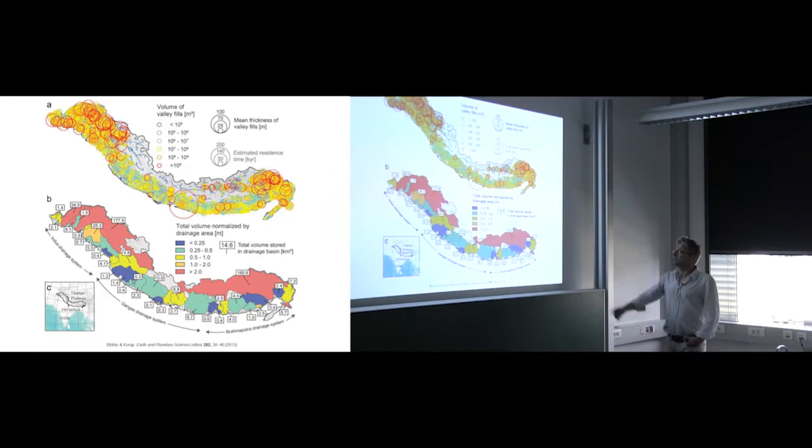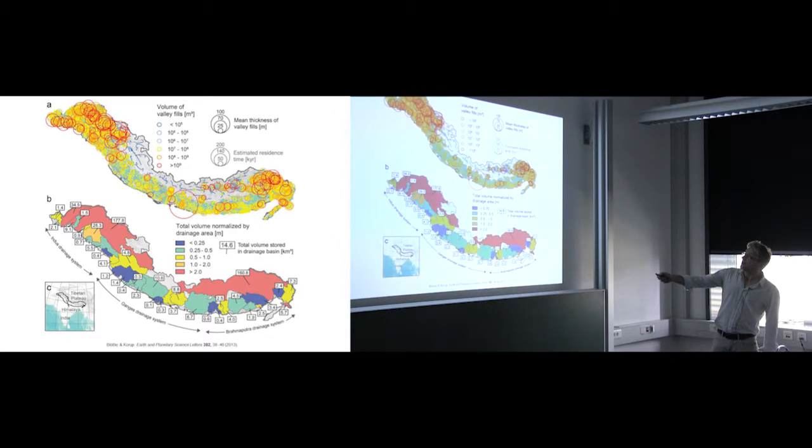So the top panel here is showing you once again the Himalayan arc, from the Karakoram up here to Arunachal Pradesh in the east. The color of the circles gives you an idea of how much volume each individual valley fill has stored, and the diameter of the circles gives you an idea of the mean thickness of these valley fills.